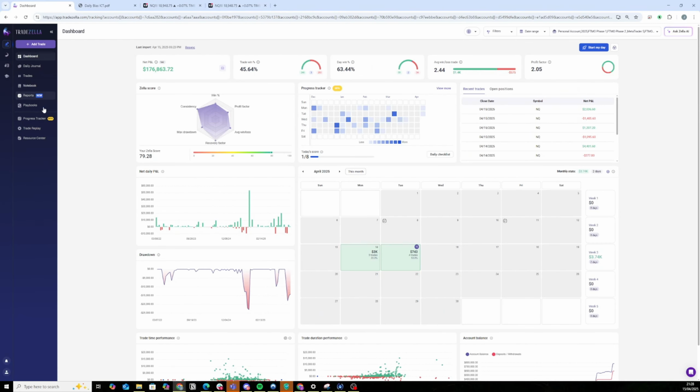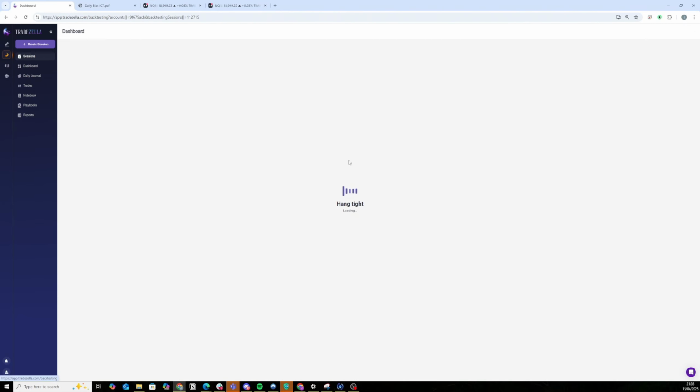So let's head over to TradeZella and create a backtesting session. Now, because I want you guys to control this, what asset should we trade? What asset should we do our backtesting session on? Okay, let you guys choose.